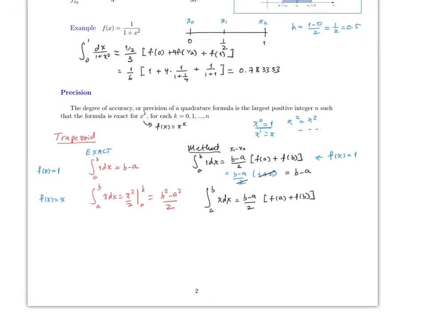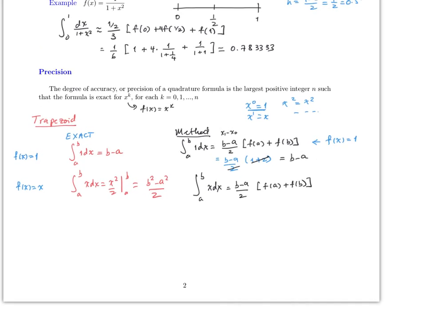But f of x here is just x. So this will be b minus a over 2 times b plus a. But remember that b plus a times b minus a is the same thing as b squared minus a squared. You distribute, and you can see that this is exactly the same thing as this. So now, at the very least, the trapezoid has precision 1.